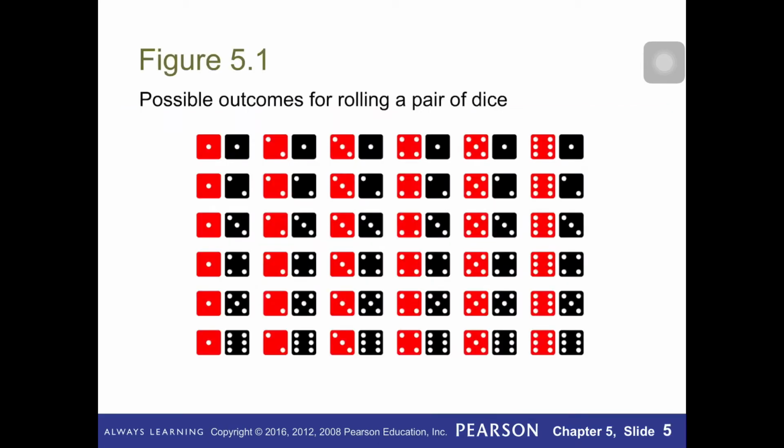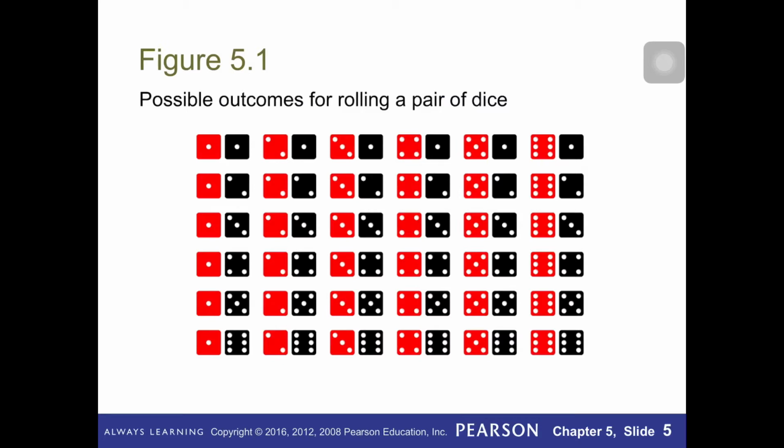Okay, let's check this picture. In this picture, you can see there are two dice. The first one is red color, the other one is black color. So, there are two dice.